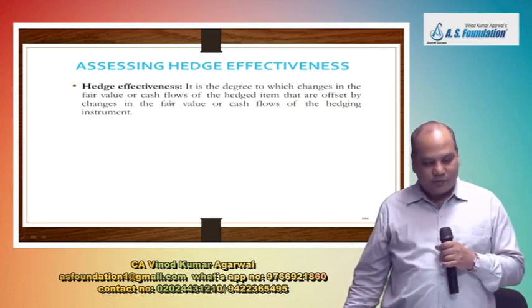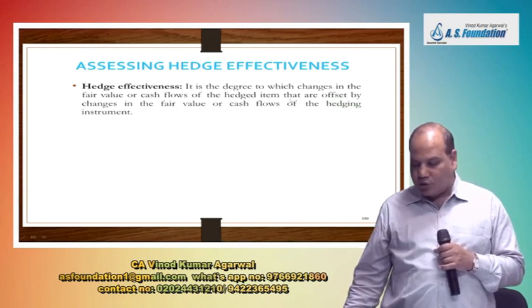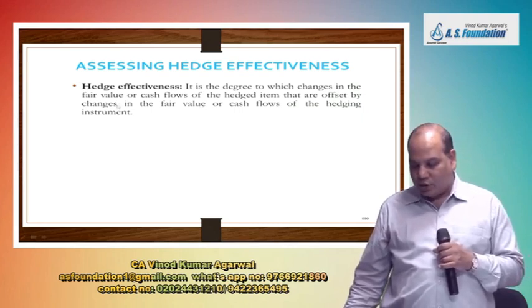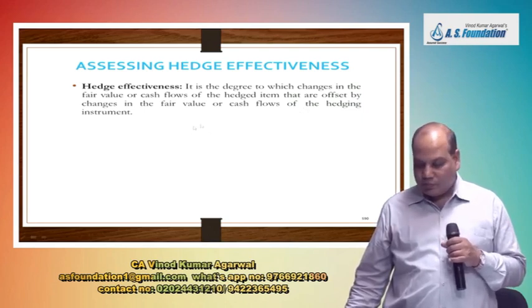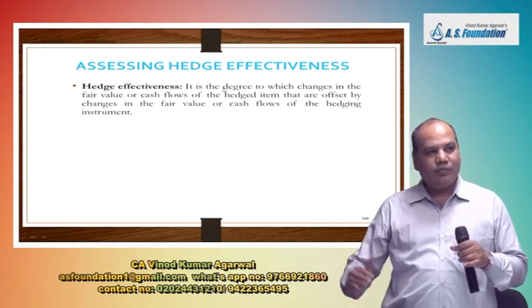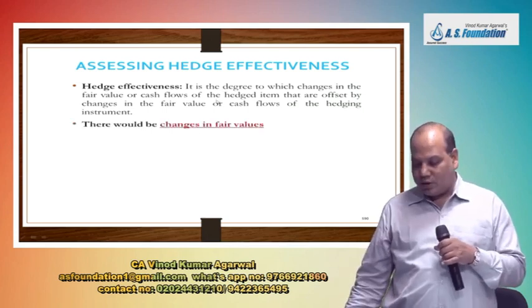That is called hedge effectiveness. It is the degree to which changes in the fair value or cash flow of the hedged item are offset by changes in the fair value or cash flow of the hedging instrument. So hedge effectiveness means the degree to which the loss in one is compensated by the gain in another.